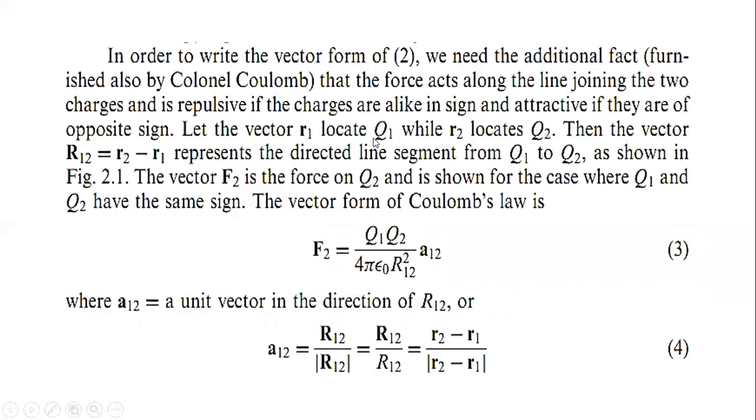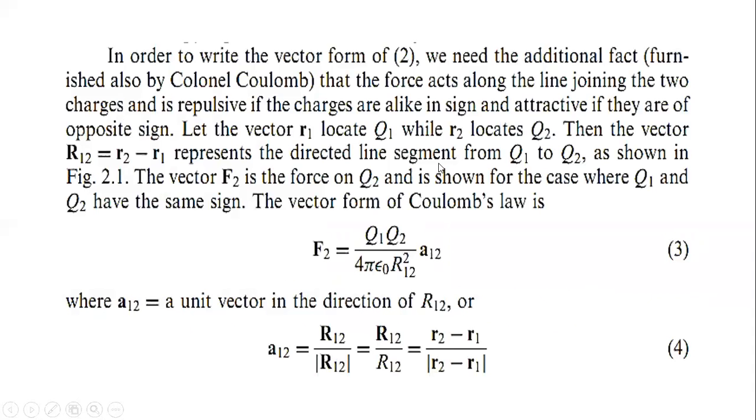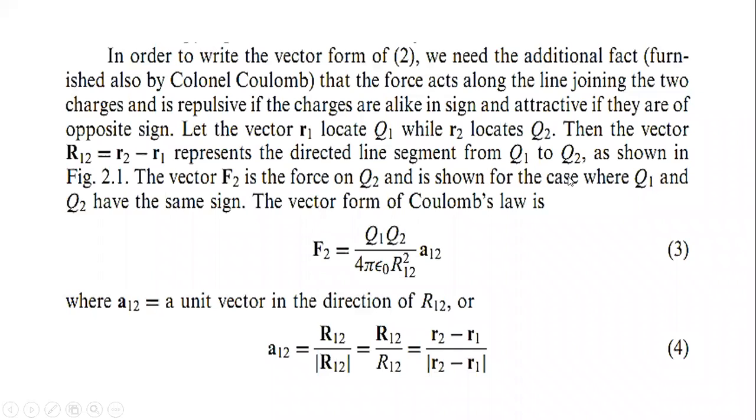Let the vector r1 locate q1 and r2 locate q2. Then the vector r12 will be equal to r2 minus r1, and that represents the directed line segment from q1 to q2 as shown in figure 2.1. The vector F2 is the force on Q2 and is shown for the case where Q1 and Q2 have the same sign.